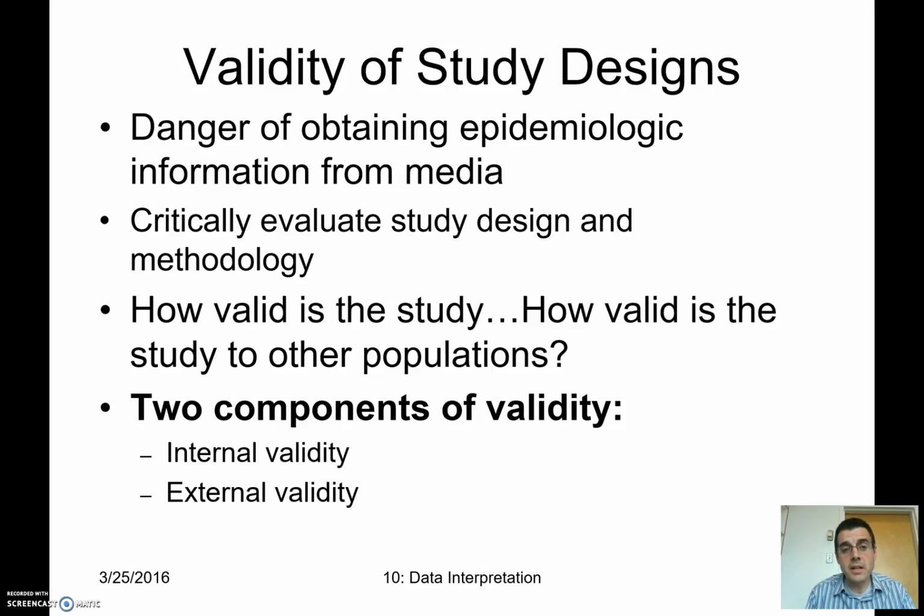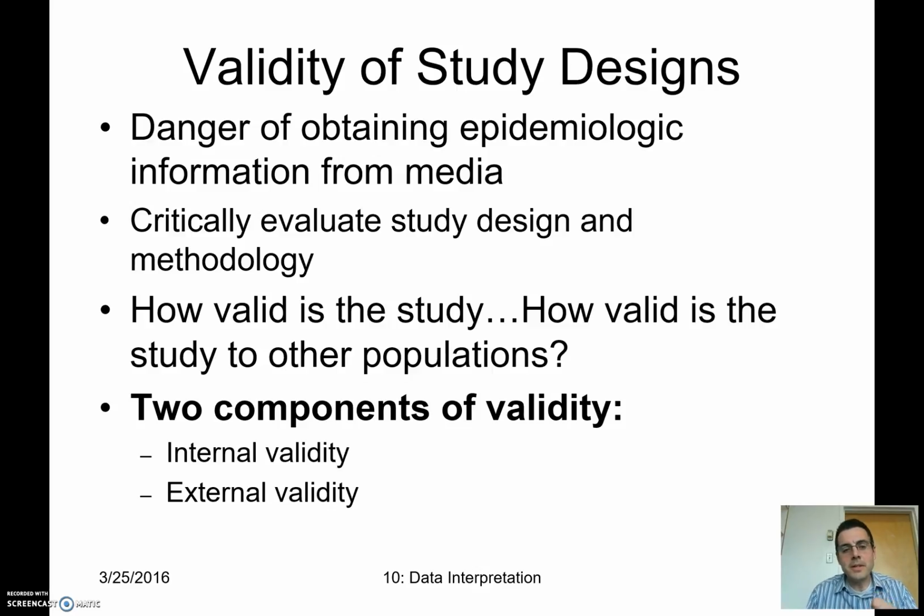There are numerous examples in the media where sources take specific findings and extrapolate them out to a general public when it's not really appropriate. Or they make really significant inferences based on certain types of findings when you may have a very small sample size, or where the initial exposure does not really match the outcome.